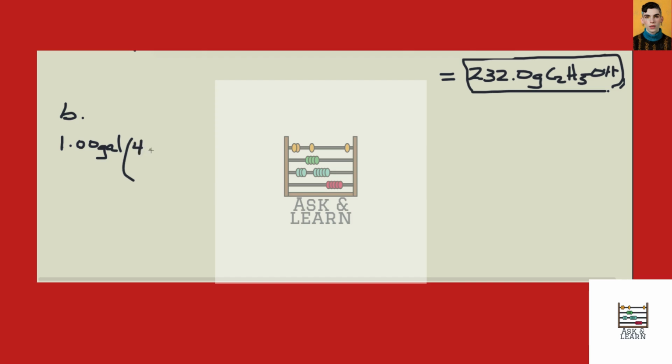There's 4 quarts in a gallon. And 1 liter is equal to 1.0567 quarts. And we'll convert that into milliliters.